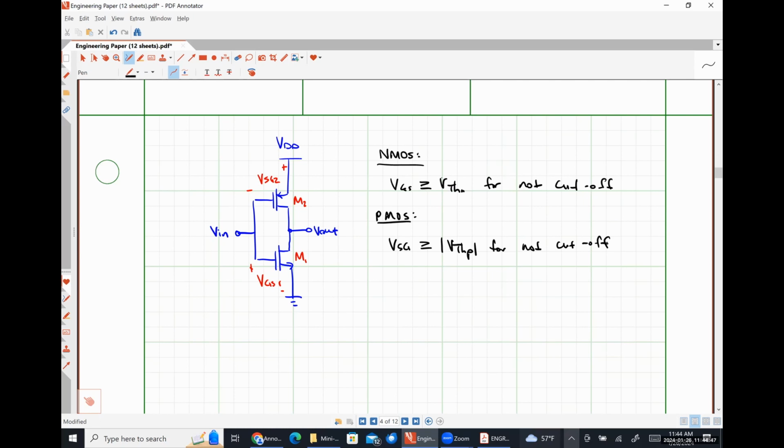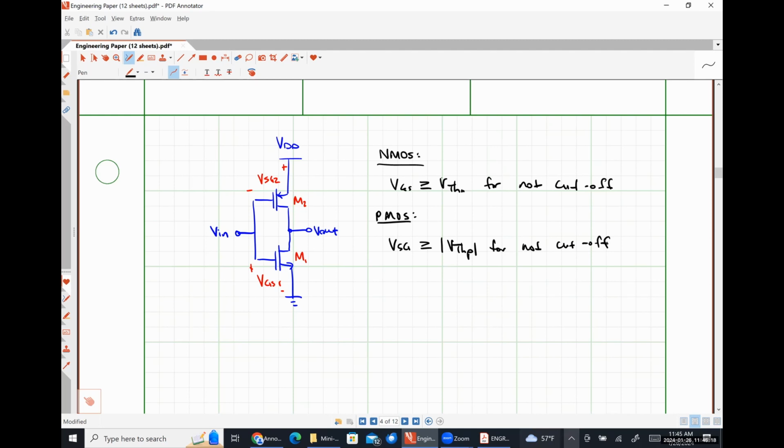But this transistor is, because there's no current flowing through this transistor. And there is a conducting path through M1, it's going to pull the output low. So when our input is high, our output goes low. So that's an inverter.